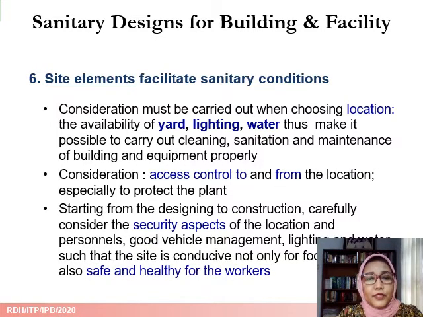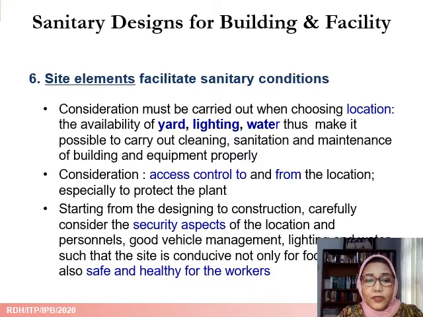The sixth principle requires that site elements facilitate sanitary condition. When choosing the location for a food processing facility, one should consider the availability of the yard, lighting, and water, to make it possible to carry out cleaning, sanitation, and maintenance of the building and equipment properly.